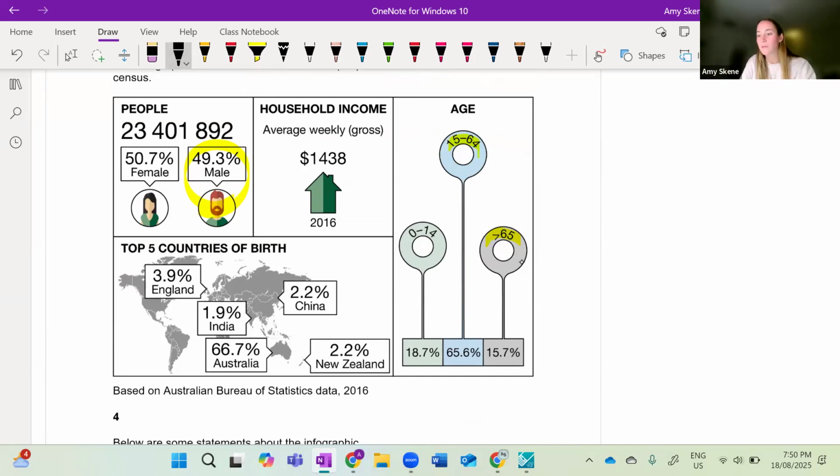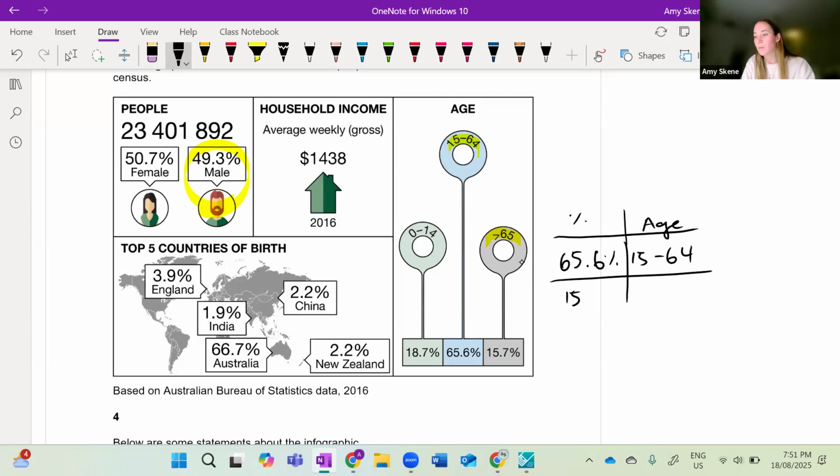So you've got 65.6% at 15 to 64. And that's the age and percentage, just to help clarify. Then the next one we've got is 15.7%, and that 15.7% is for over 65-year-olds.